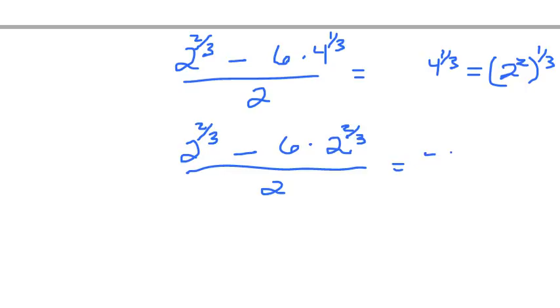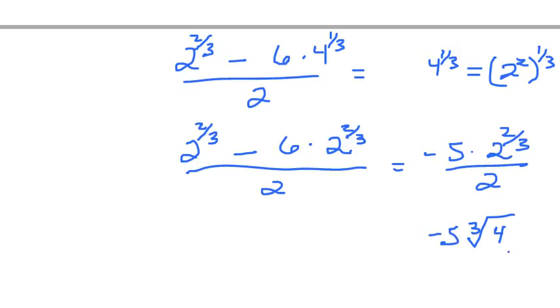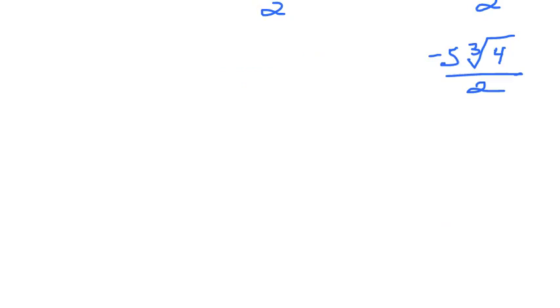So this becomes -5 times 2 to the 2/3 over 2. Or you can write this back into radical form, which takes that back to a 4. We got -5 over 2, however you want to write that.